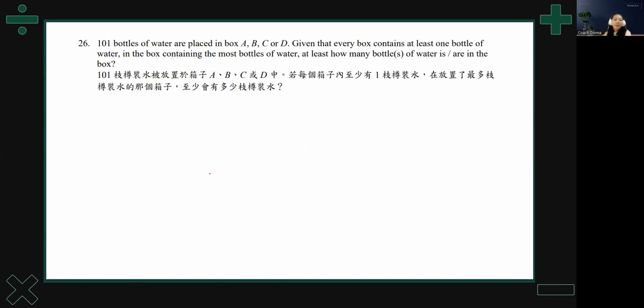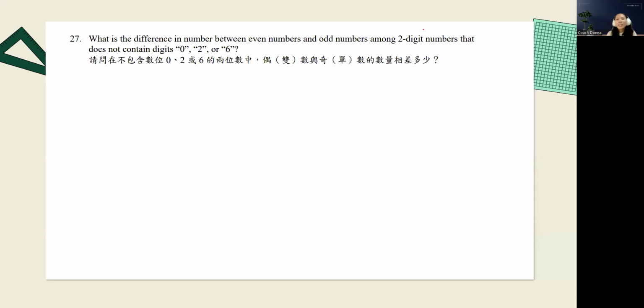For number 27, we're asked to find the difference in number between even numbers and odd numbers among 2-digit numbers that do not contain digits 0, 2, or 6.